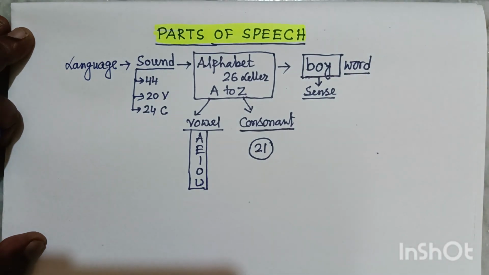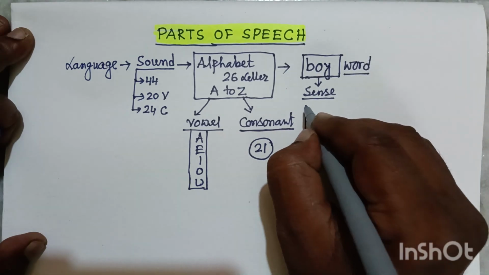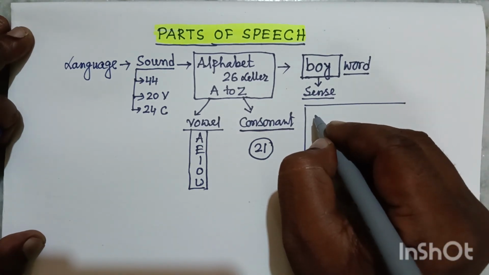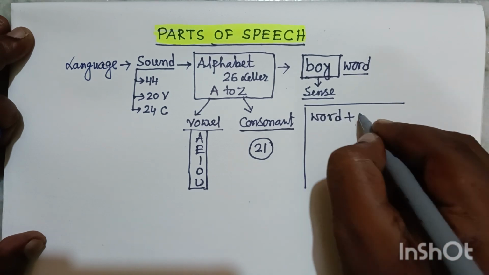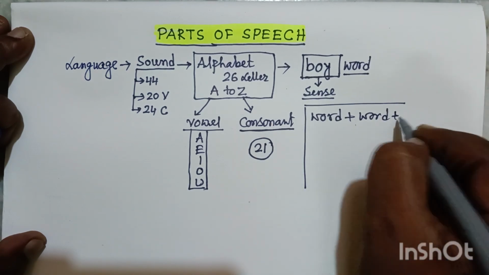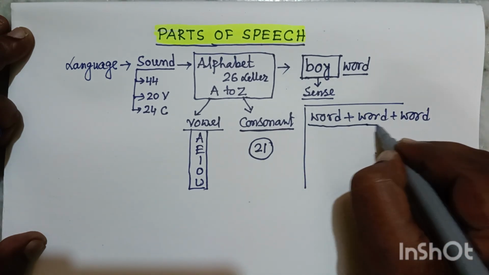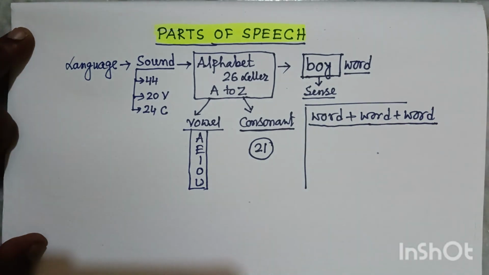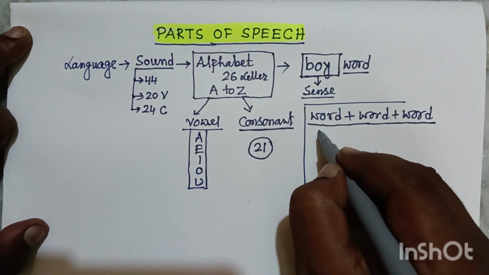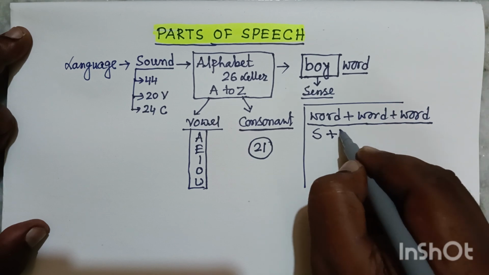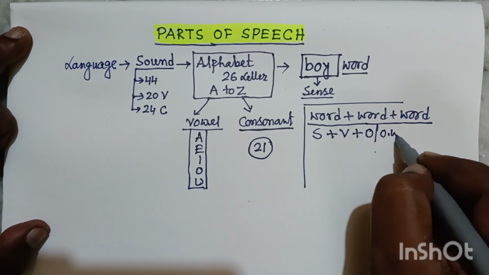And after that, they have used this word in a particular way. Suppose word plus word plus word. In this way, they have placed the words in this structure: subject, verb, object, or other words.